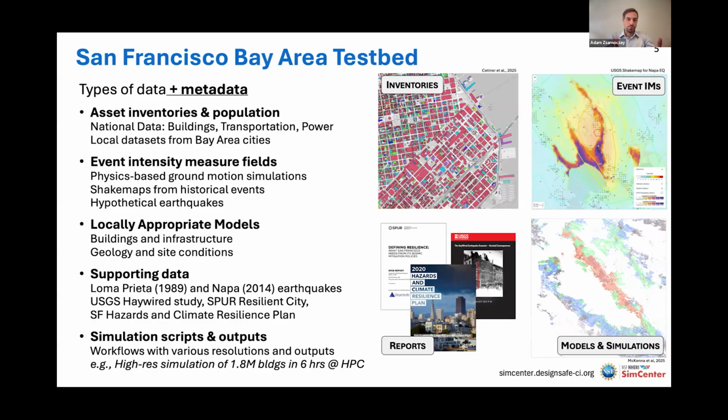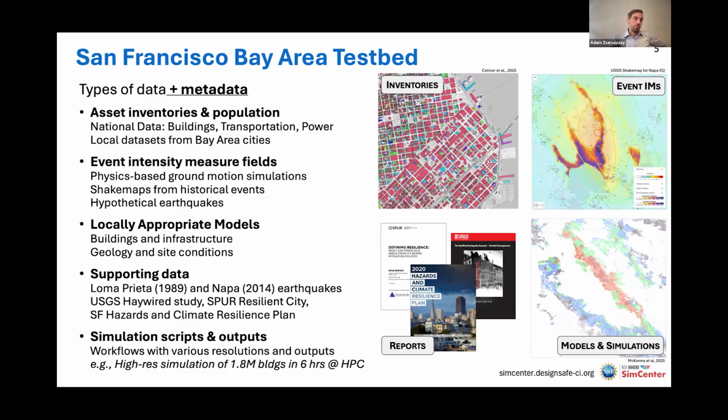And this is an earthquake roundtable, so I'm not going to talk a lot about other hazards, but the Bay Area is not exclusively under earthquake risk. There are wildfires, there are floods. So there are other hazards that could be included in this testbed.